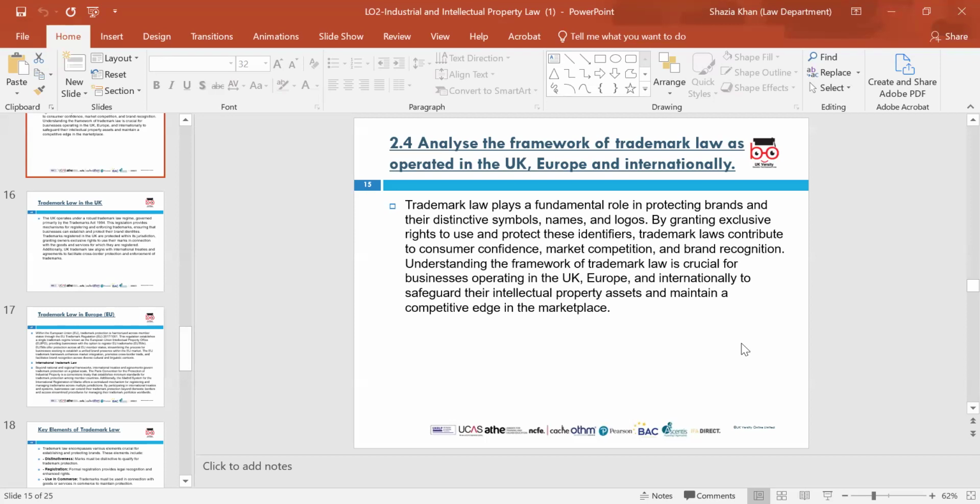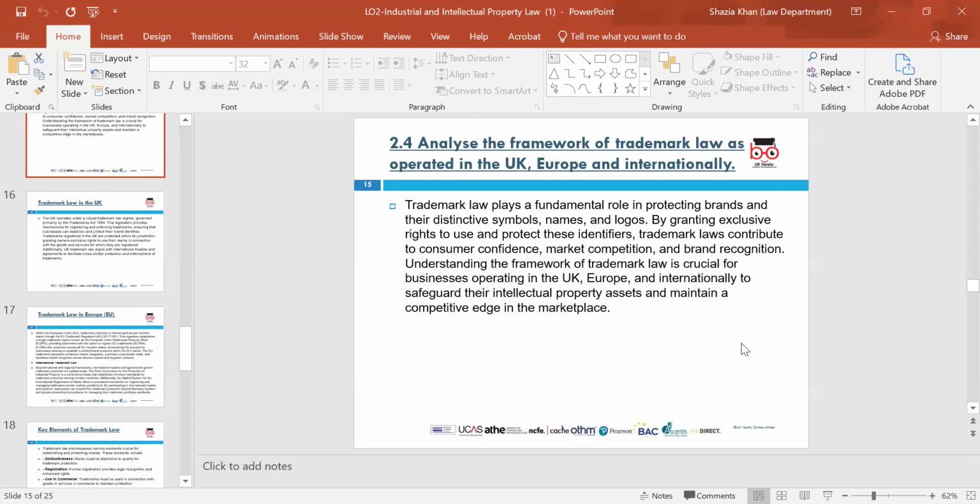The relevant legislation in the UK for trademarks is the Trade Marks Act 1994. This act implements European directives that create a uniform framework for trademarks across the EU.